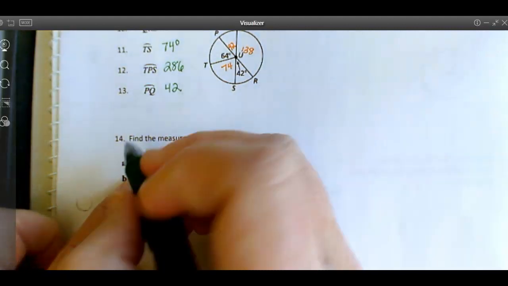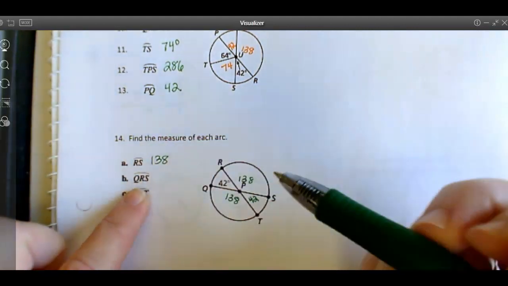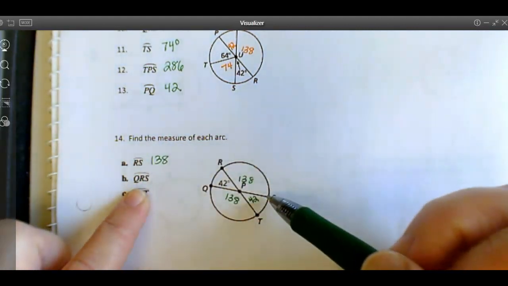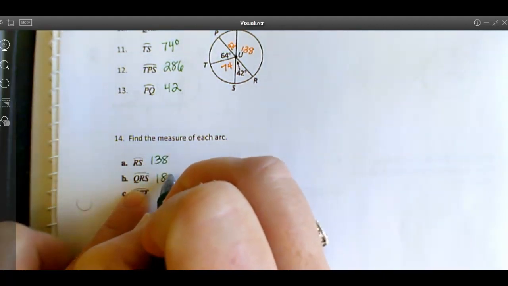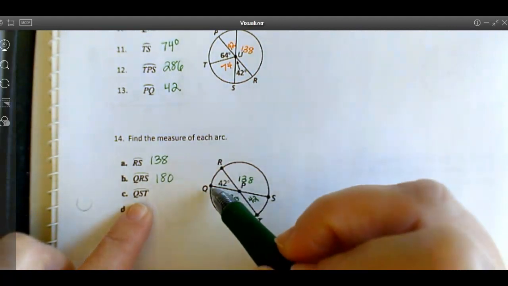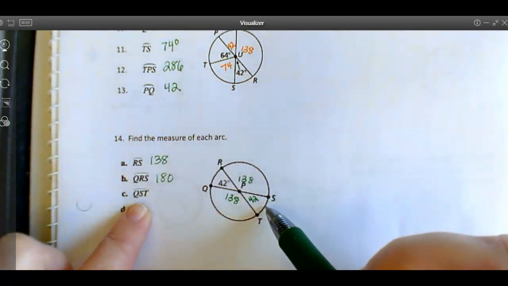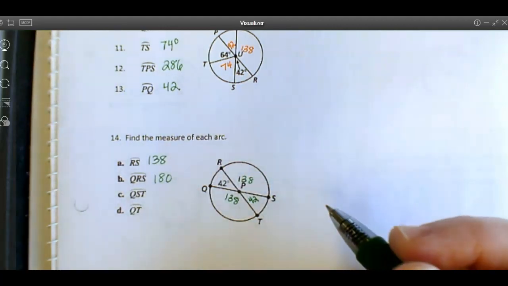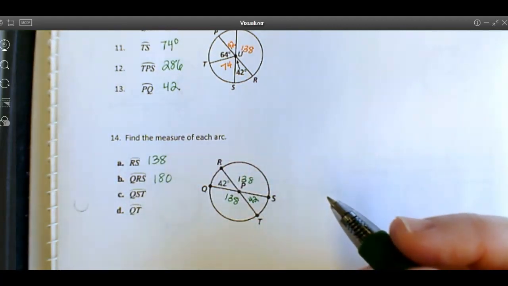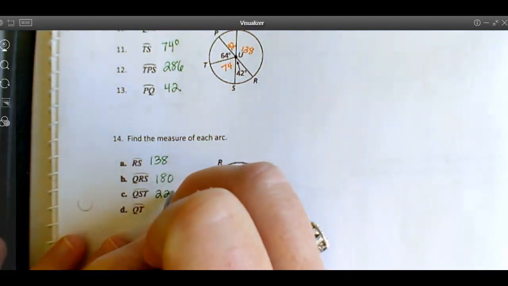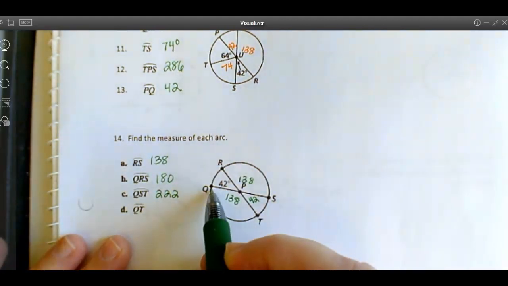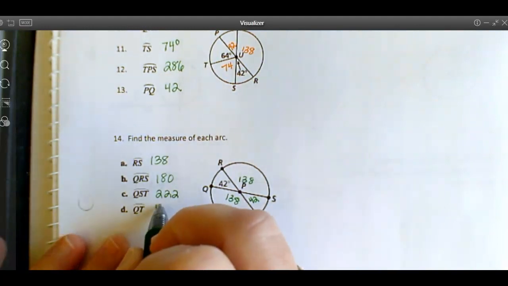So RS is 138. QRS, that was from endpoint to endpoint on the diameter, that was 180. QST was all of those added together, so 42 plus 42 plus 138. And then QT is 138.